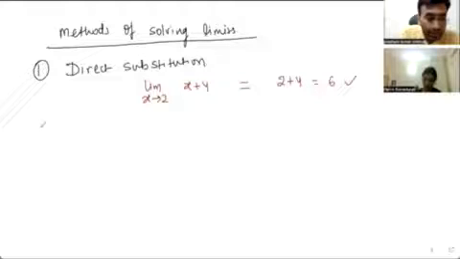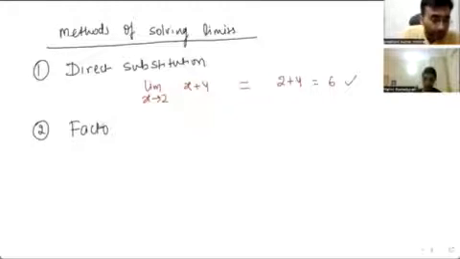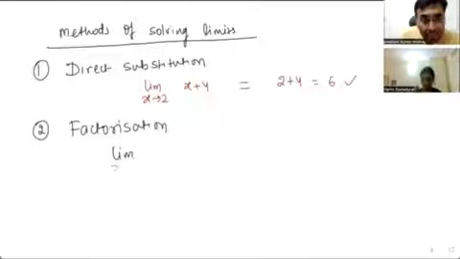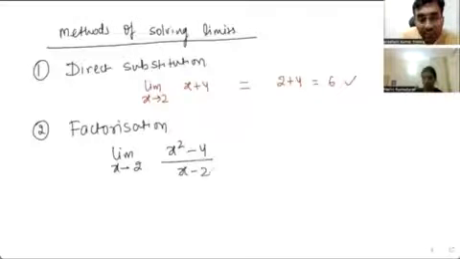Then you have learned about factorization. Let's say a question comes like limit x tends to 2, x square minus 4 over x minus 2.